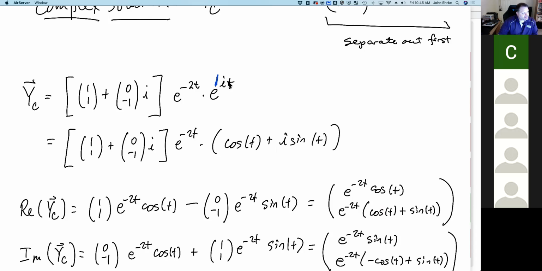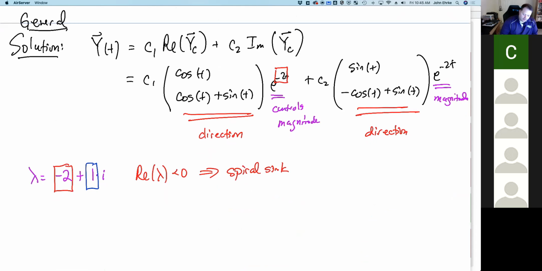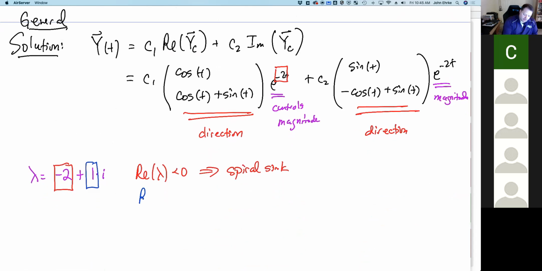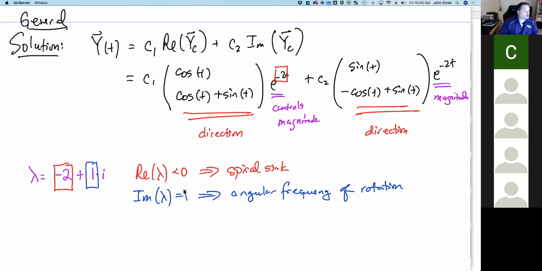So this 1 that's here is the coefficient of t inside the cosine and sine term. That makes this 1 the angular frequency. So the imaginary part of the eigenvalue equaling 1 is the angular frequency. So the rotation or spiraling in the plane will have frequency 1 because that value was 1 in the eigenvalue.